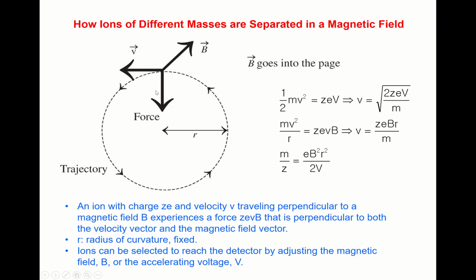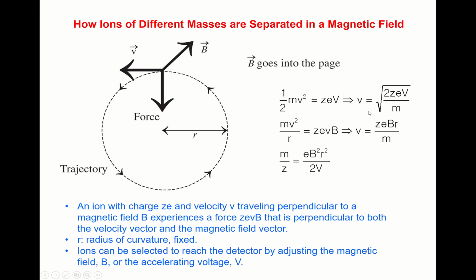Since it makes a circular motion, this equation can be satisfied, which comes from electromagnetic theory, and the velocity is given by this one.